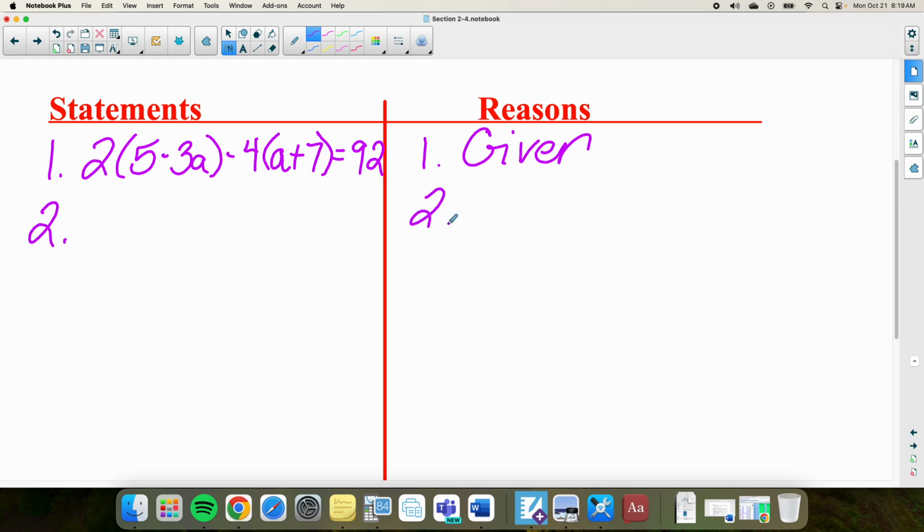Distribute, right? So we'd go 2 times 5 is 10, minus 2 times 3a is 6a, minus 4 times a is minus 4a, and negative 4 times 7 is negative 28, and that equals 92, and that is distributive property.